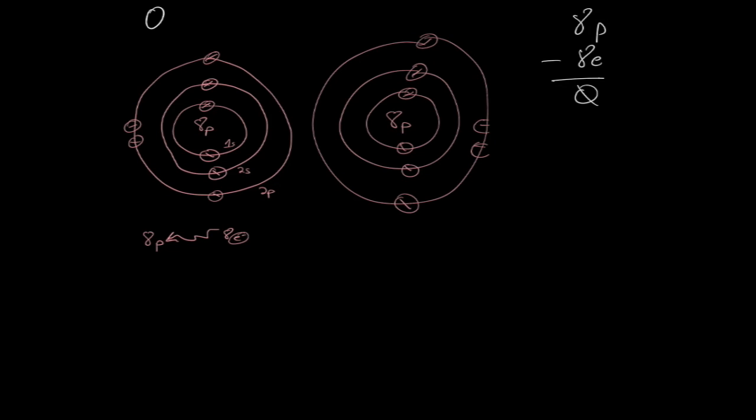The next question is, do they have a full octet? Now you've got to remember, it's the energy level, the second energy level, not the orbital. So how many electrons does it have in the second energy level? That's 1, 2, 3, 4, 5, 6. So they have 6 electrons in the outer energy level.